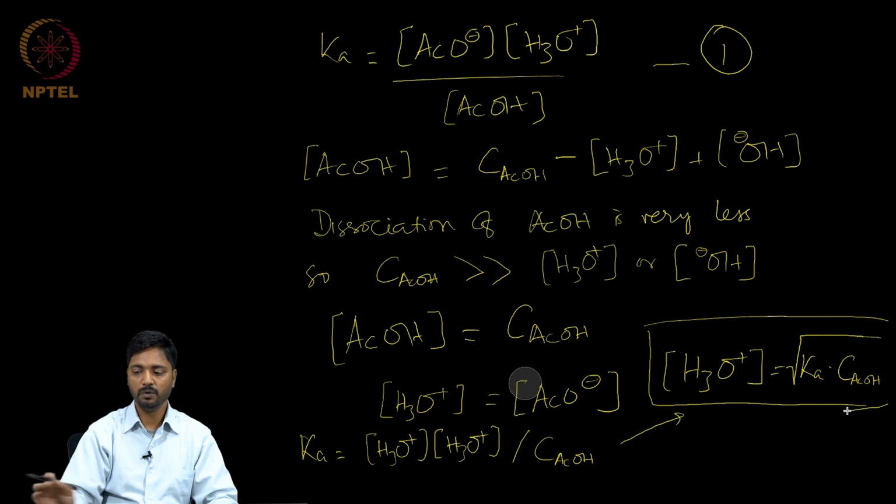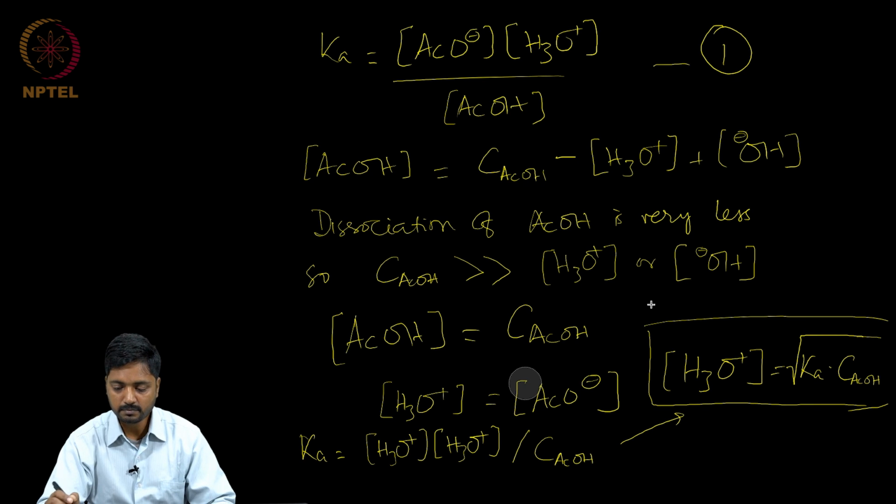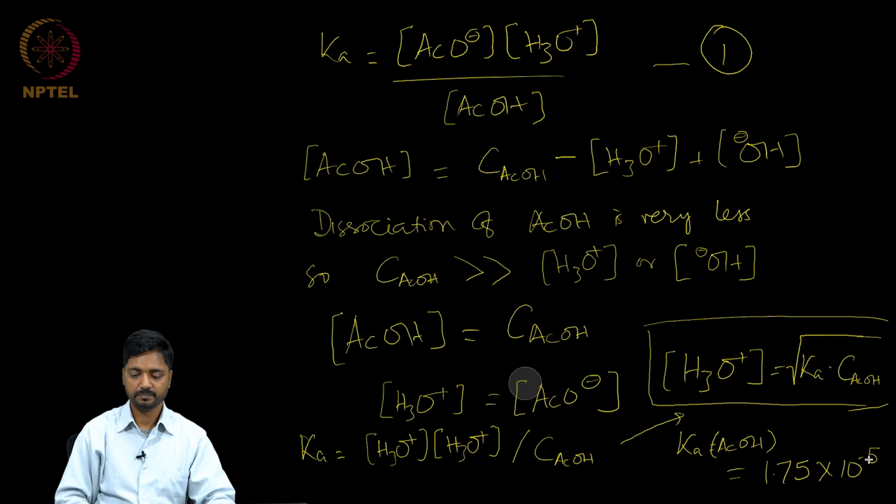So, let us go ahead and do that. At this stage, it is also important to convey that the Ka value of acetic acid is known to be 1.75 × 10^-5.